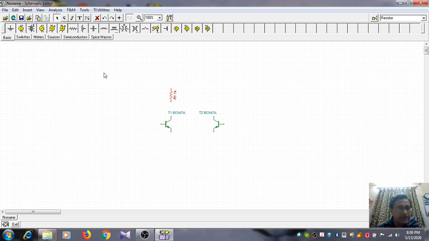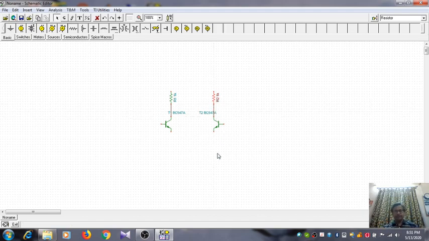Let us bring in another resistor, rotate it by 90 degrees and put it here. Let us connect the resistance by wire with the collector. For that the wiring option is there, wire. We connect from this end to the collector, and similarly from this end of the resistance R2 to the collector of T2.